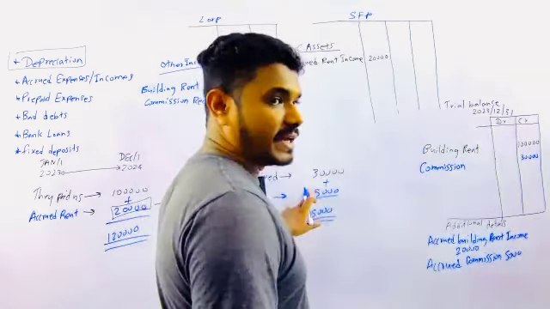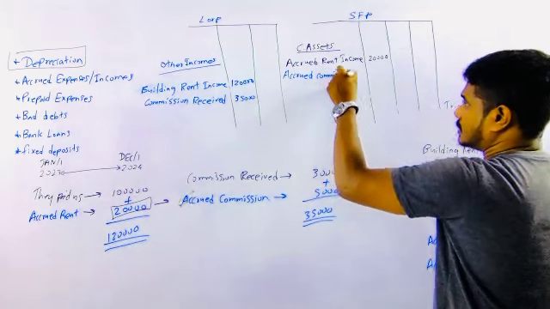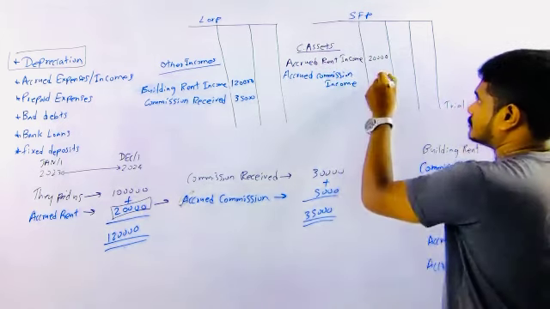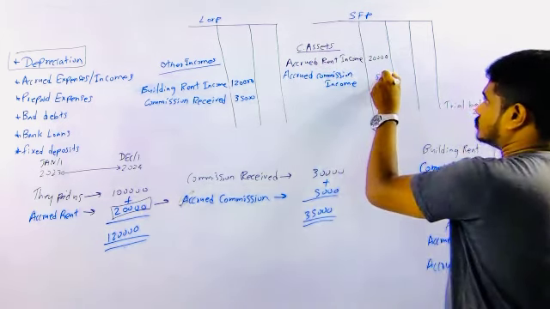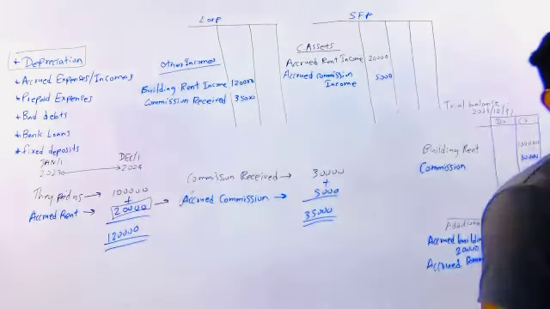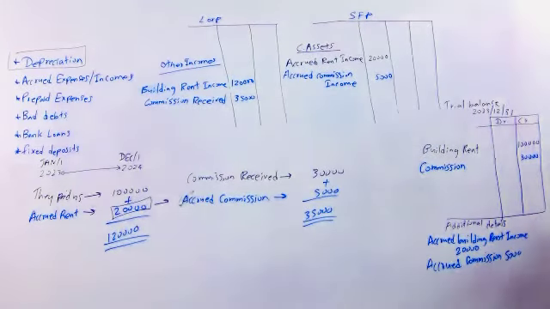Under the current assets, we have to input as accrued commission income as 5,000. Understood? How to input accrued expenses and incomes? Right? Okay.